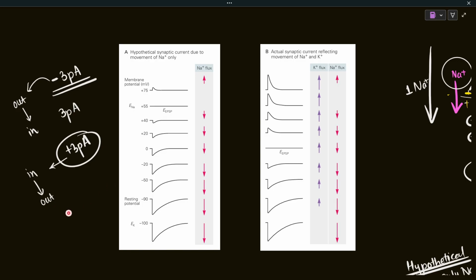Voltage gated sodium ion channels will not allow the efflux or influx of potassium ions, and the same goes for voltage gated potassium ion channels. But this is not the case for the acetylcholine receptor. It lets through potassium ions as well as sodium ions. This was already proved by this experiment, because the postsynaptic membrane equilibrium potential is basically due to the acetylcholine receptor. Only one single type of ion channel is present on the muscle fiber, and those are the acetylcholine receptors. That is why this makes the study of the NMJ easy.